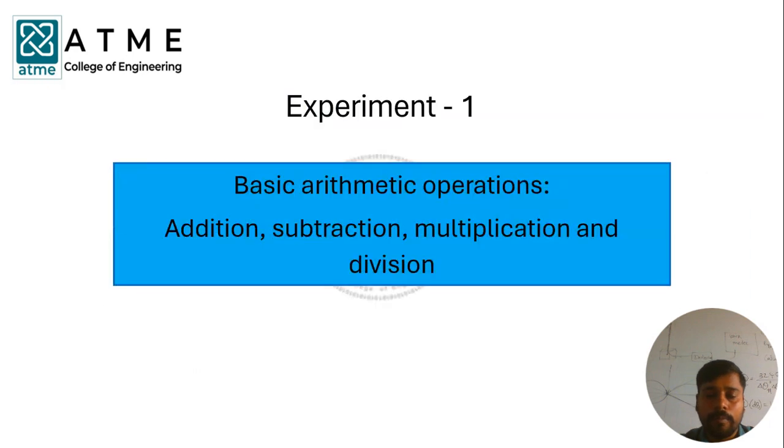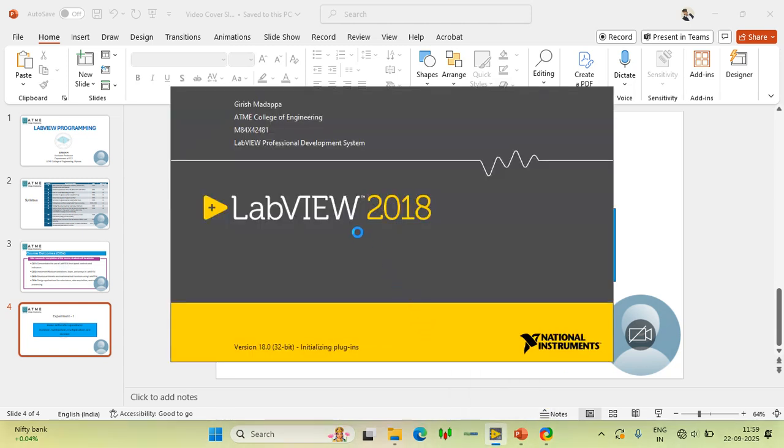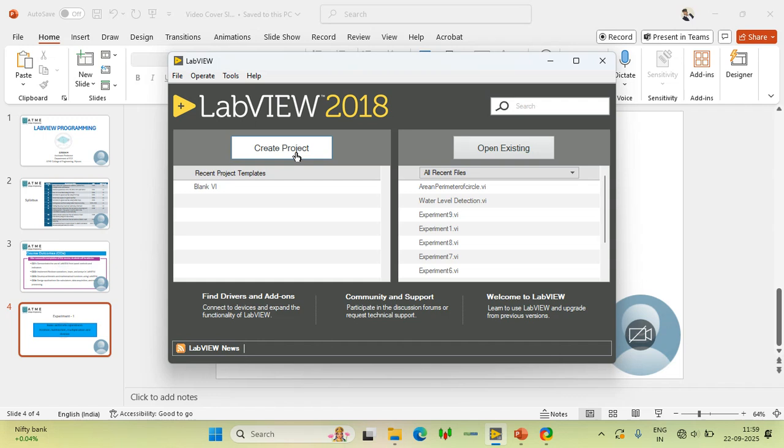Okay, once again welcome to this experiment 1 tutorial, basic arithmetic operations. So now I'll directly launch the tool. Once you launch the tool, you will find two different options, create project and open existing.